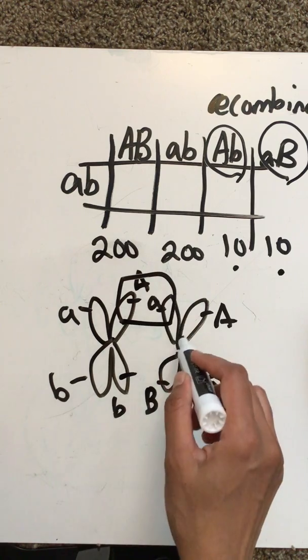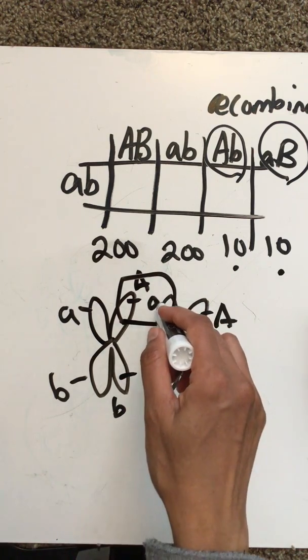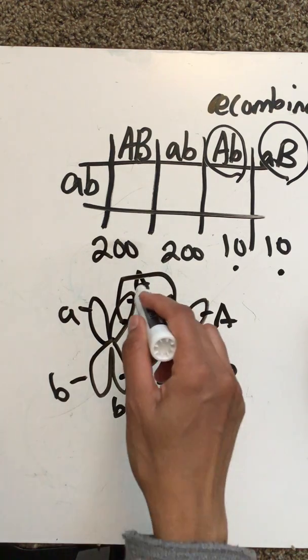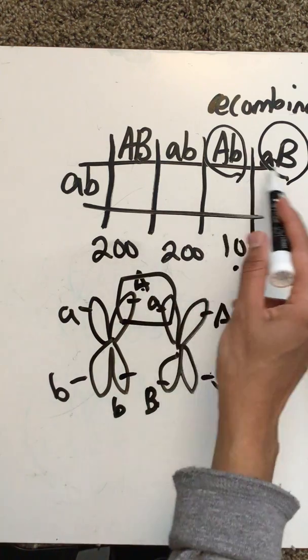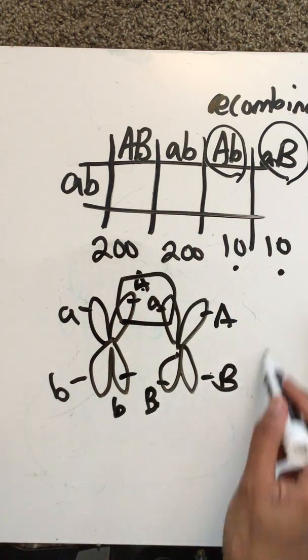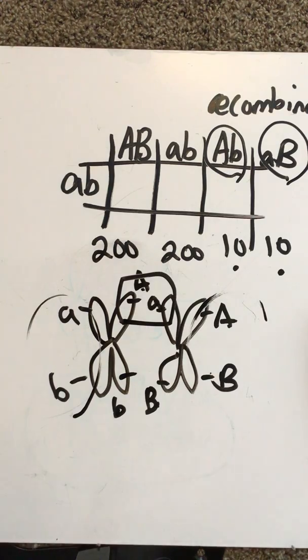If I get equal little a, big B and equal big A, little b, these are produced in equal proportions, and these are also produced in equal proportions, 1 to 1 here, 1 to 1 here.